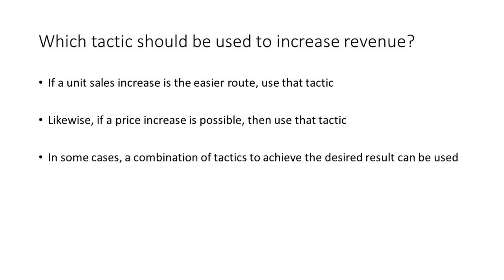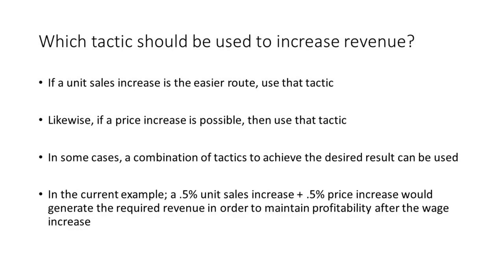In some cases, as we've said, a combination of tactics can be used to achieve the desired revenue. In the current example, using Panhandle Fabrication, they could consider a 0.5% unit sales increase plus a 0.5% price increase, and that would generate that $800 and some odd revenue that they need to overcome the wage price increase.